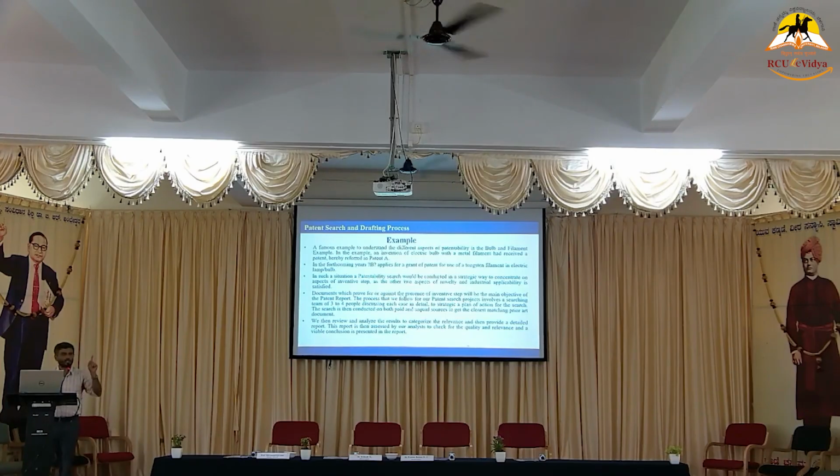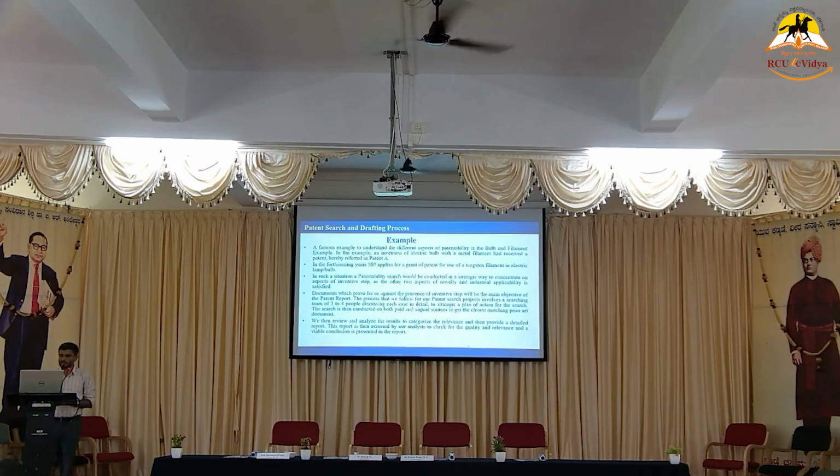Only three things: it should be novel, industrially applicable, meaning easy to manufacture, and there should be inventive steps. If these three are there, the patent will be awarded. So whatever we apply should consist of all these three. Documents which prove the absence of inventive steps will be the main objective of the patent report.